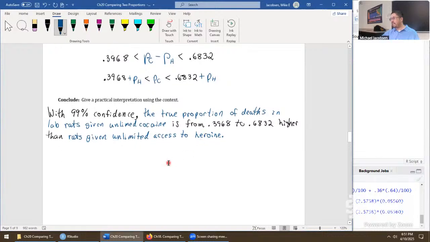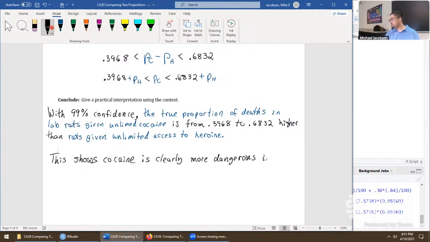But with that conclusion we gave, certainly, we just said cocaine has a death rate that's almost 40% higher to almost 70% higher than the death rate in the heroin group. But it doesn't hurt to just restate this. This shows cocaine is clearly more dangerous in this context.